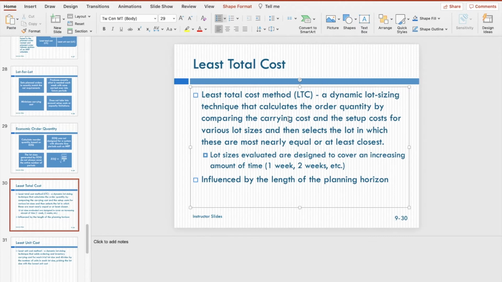Although under least total cost you use a different way of balancing these two types of costs, compared to EOQ or lot for lot, you are still doing it that way. The more specific criterion for selecting the order quantity is that you pick the lot size that gives you the closest costs between carrying cost and setup cost.